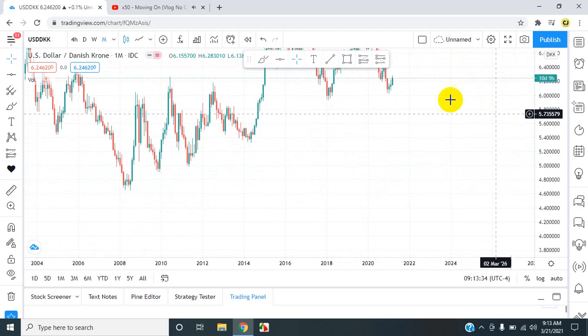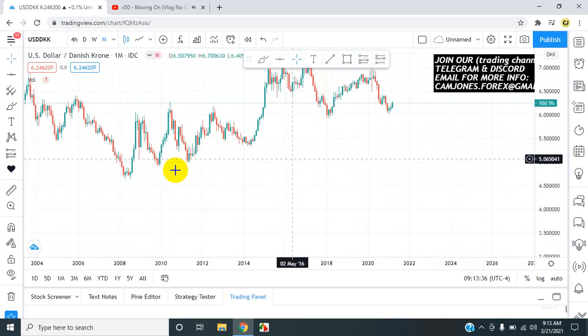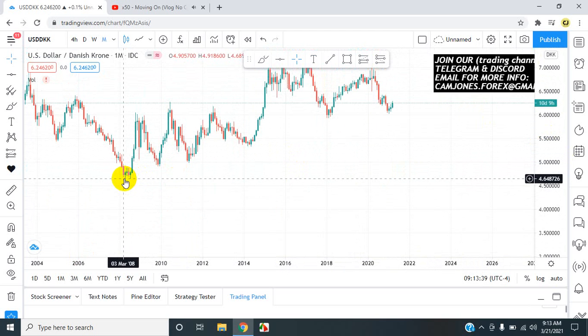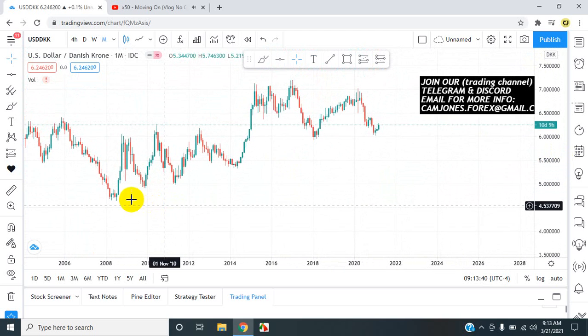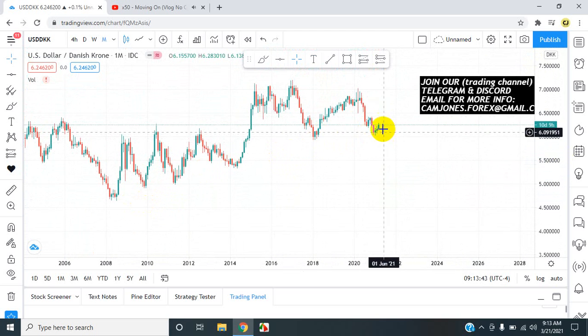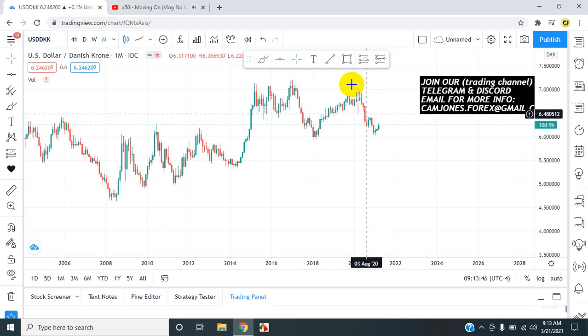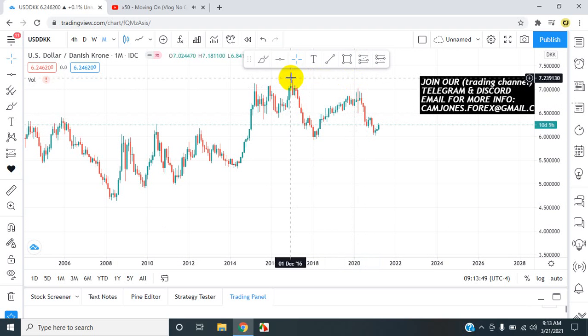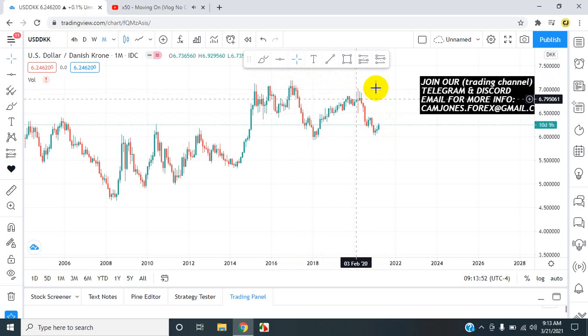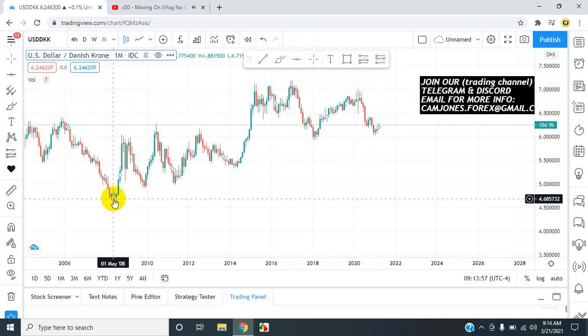so to figure out the overall trend, we know that the market was in the lowest lows of April of 08, and it went up to higher highs back in January 17th and got a little bit of a dip, and now we're trying to see that overall trend. So the overall trend looks like an uptrend.